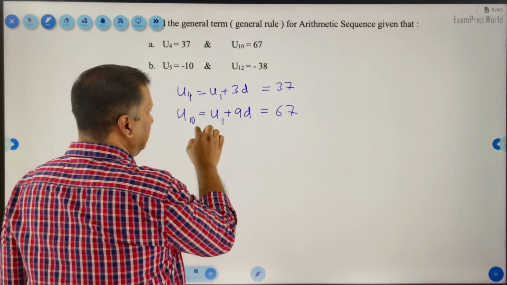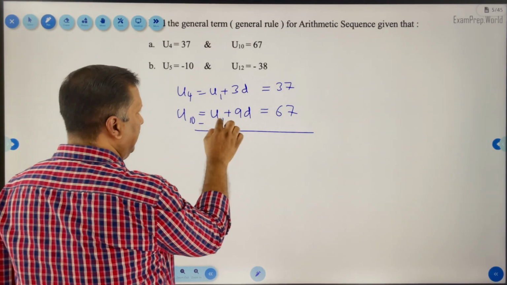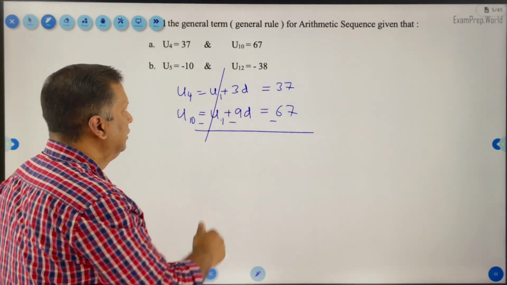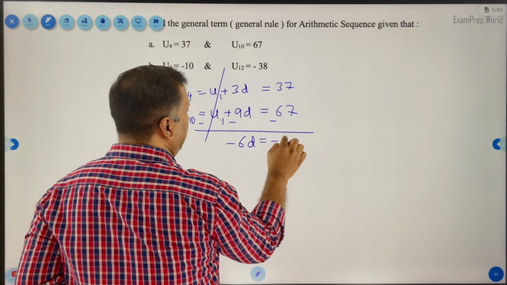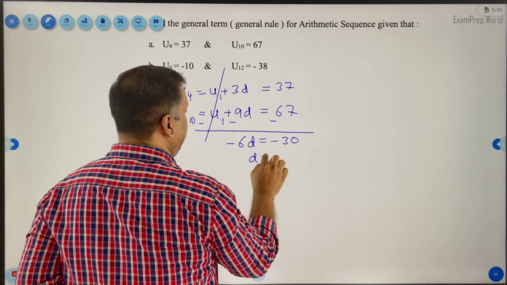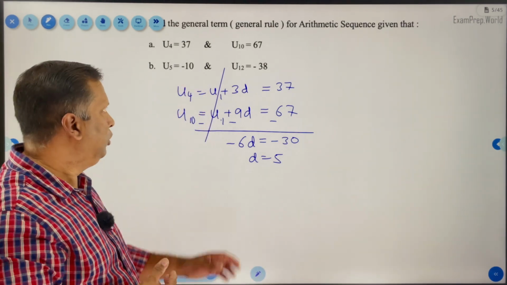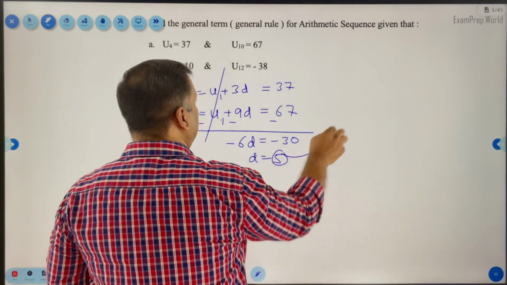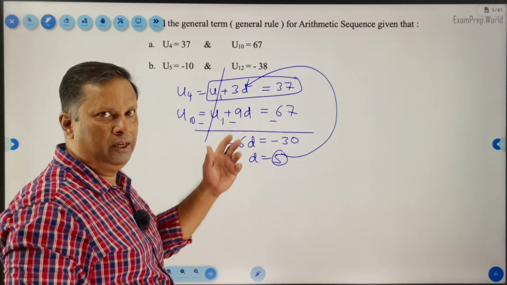Can we subtract? If we subtract, u1 and negative u1 will go, right? 3d minus 9d is negative 6d equals negative 30. Therefore, d equals 5. Once you get the value of d, you input it in the first equation. Put d here in this particular equation and you will get the value of u1.